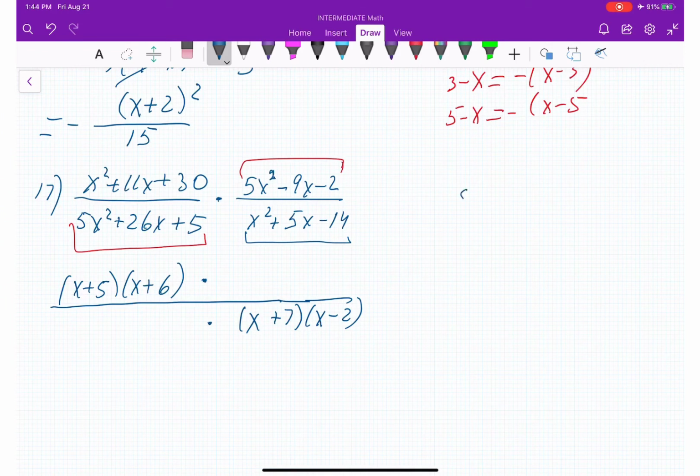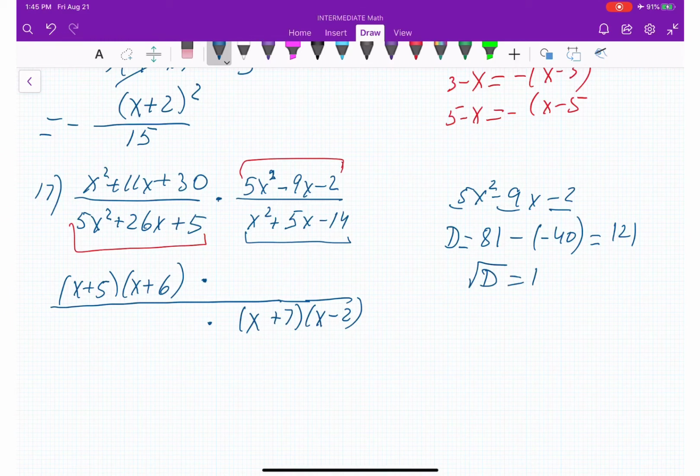5x squared minus 9x minus 2. So the discriminant is equal to b squared minus 4ac. It's negative 9, b squared is going to be 81, minus 4 times a. 4 times 5 is 20, and times negative 2, negative 40. And we are getting 81 plus 40, I'm getting 121, which means the square root of the discriminant is going to be 11.